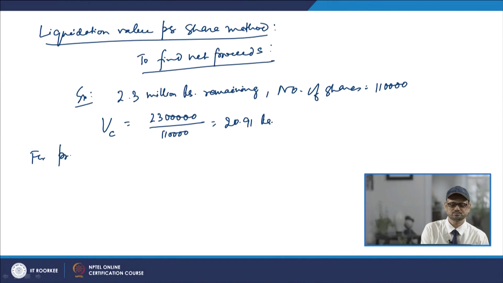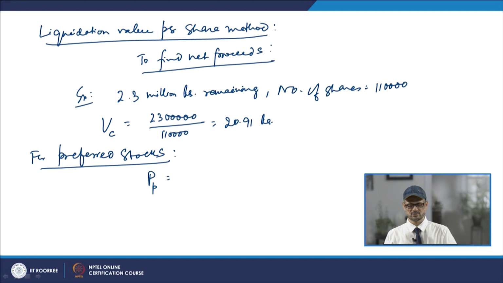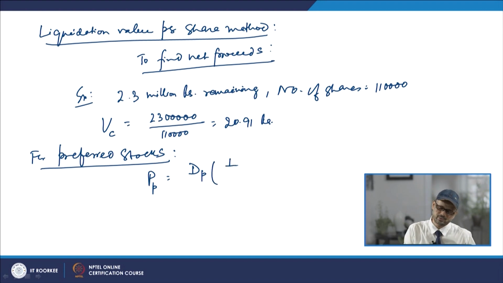So, in the case of preferred stocks valuation, the formula becomes: PP, the price of the preferred stock, will be DP, the dividend which is being paid for the preferred stock, multiplied by 1 by RP. So, PP will be DP by RP.